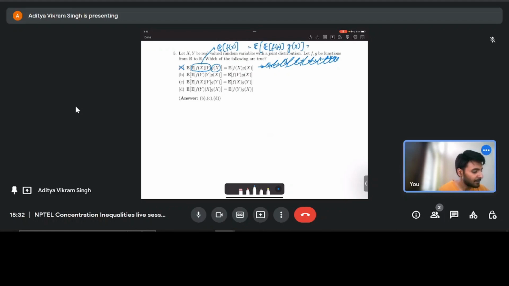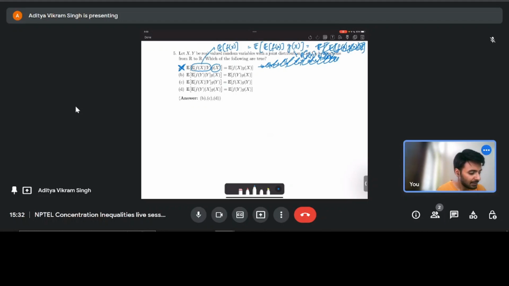The expected value of f(x) times g(x) given x? No, right? So this would just turn out to be the expectation of f(x) times the expectation of g(x) if they're independent, which is not the same as the expectation of f(x) times g(x). So this is incorrect. This is not true even if they're independent.